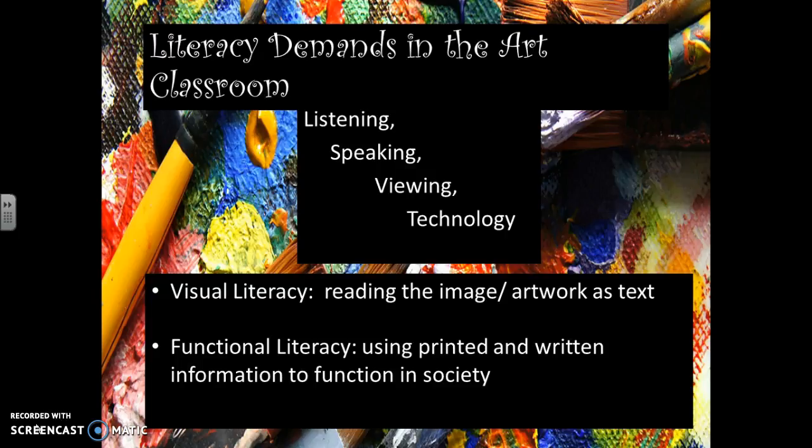Within the art education, the focus appears to be on the idea of visual literacy, or reading the image or artwork as text." Another type of literacy that's implemented within the art classroom that just isn't as prominent as visual literacy is functional literacy. Functional literacy focuses on how the artists communicate through reading and writing.